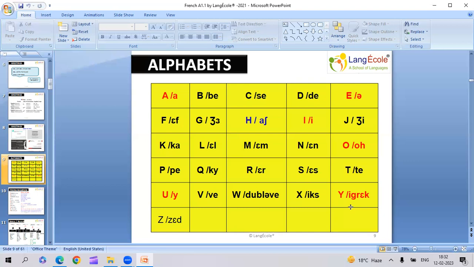So hotel in French is pronounced without the H. H is silent there. Similarly, hospital: H is not pronounced. So you'll find S is silent in hospital.